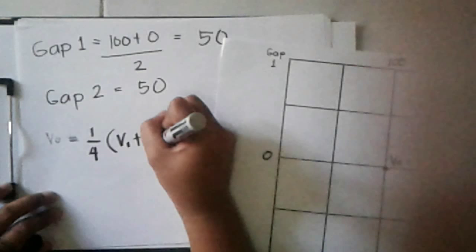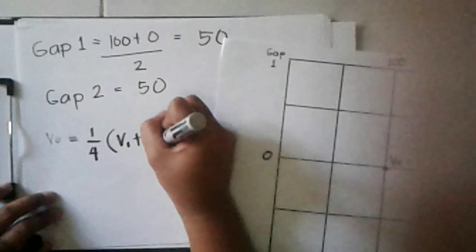We will have the value of VA as (100 plus 50 plus 25 plus 0) over 4, which is equal to 43.8. Since VA is in symmetry with this point, we will consider this point as 43.8 as well.